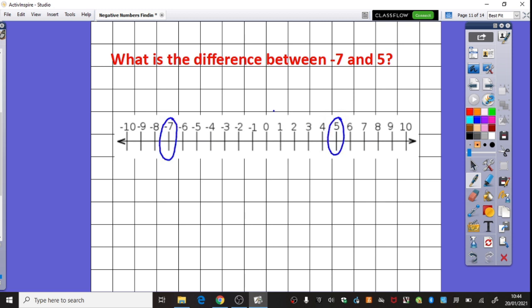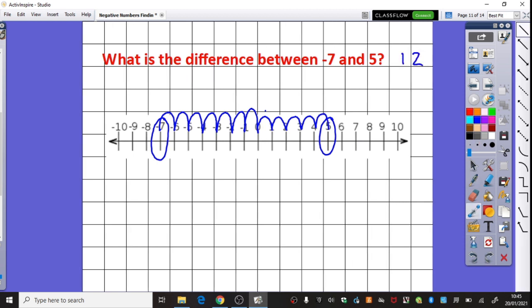Second example then, the difference between minus 7 and 5. You might at this point be thinking, oh, I feel quite confident with this. I'm going to be drawing my own empty number line and have a go with Mrs. Gill to see if I get the same answer. So starting on minus 7, 1, 2, 3, 4, 5, 6, 7, 8, 9, 10, 11, 12. The answer of 12.